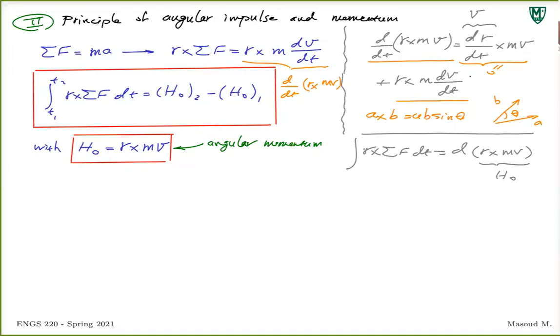So the relationship that I boxed at the top is the principle of angular impulse and momentum. What does that tell us? It tells us the angular impulse on the left side, applied to an object during an interval of time dt, is equal to the change in the object's angular momentum. That's pretty much the principle of angular impulse and momentum, right?